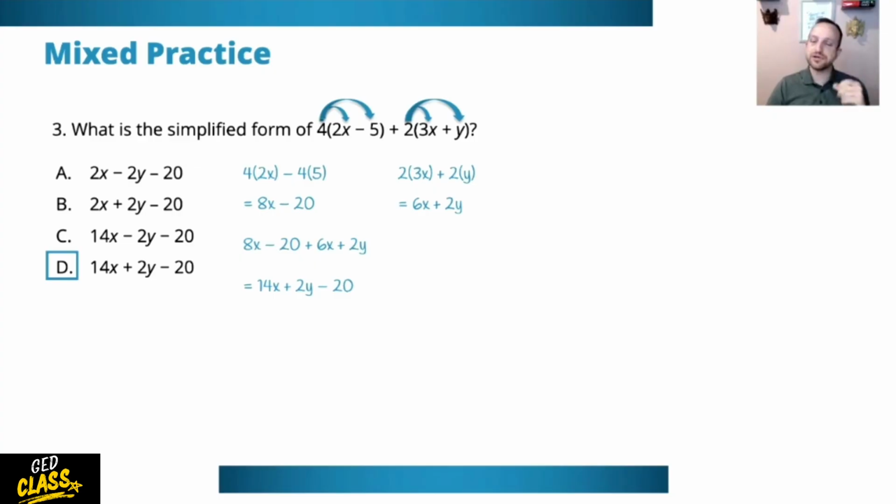I will remind you that as you're going through and solving problems like this, you might actually be able to be done a little bit earlier, or at least get rid of a couple rubbish answers along the way. For example, I see that there was an 8x and a 6x. They were both positives. They're both going to add. There's no way I'm going to end up with 2x like A and B have. I can get rid of A and B right away as soon as I see that both sets of x's are positive.